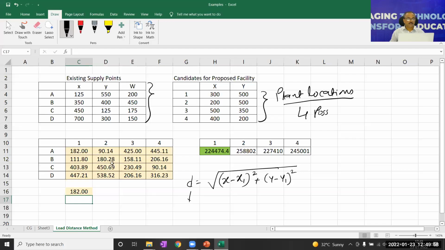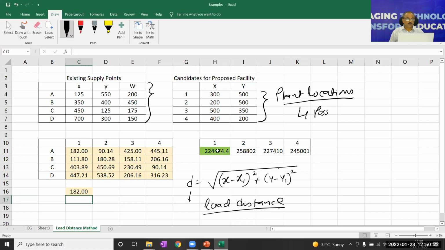That means from this particular point to this particular point, how much is the total load in terms of the load distance. So you have to establish the load distance for each location.